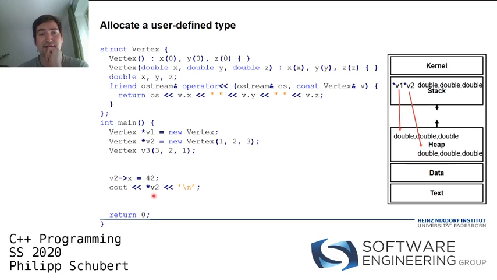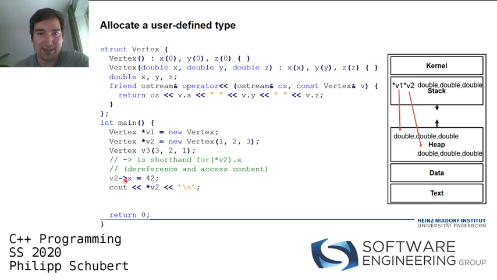And we can also write v2 to the command line by dereferencing that pointer, and then this left shift operator would be called here. This is very important. Sorry, I haven't told you that right at the beginning.